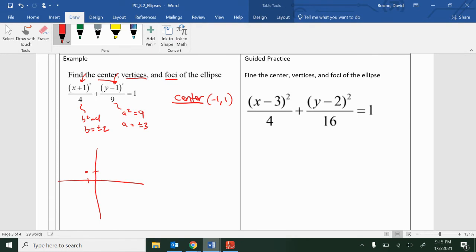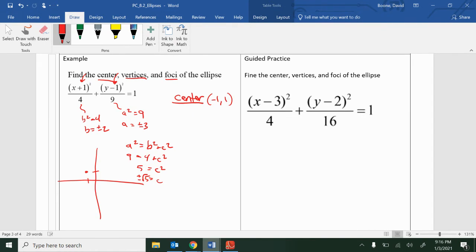To find the c value, I'm going to use the a squared equals b squared plus c squared relationship. So 9 equals, the b squared is 4, plus c squared. c squared equals 5, so c is plus or minus the square root of 5.